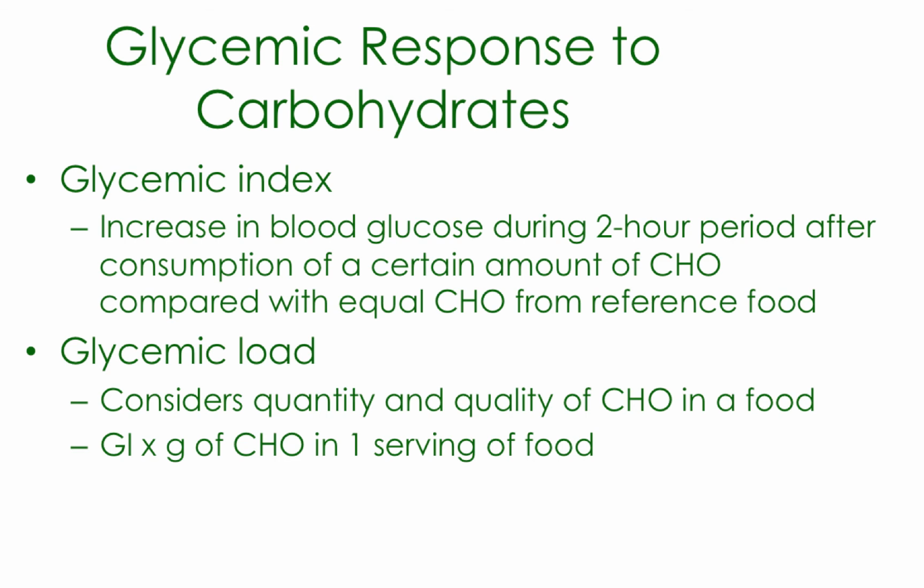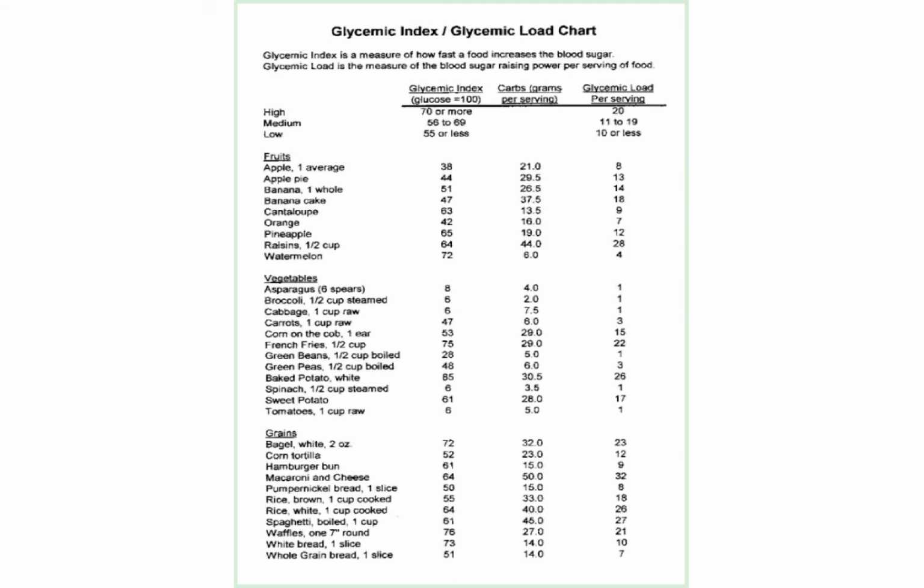Really not that important, honestly. And this is all compared to a reference food, which could be white bread or white rice, something that would have a very strong effect on blood sugar. And this table shows us some various glycemic indexes, as well as loads, from various foods.